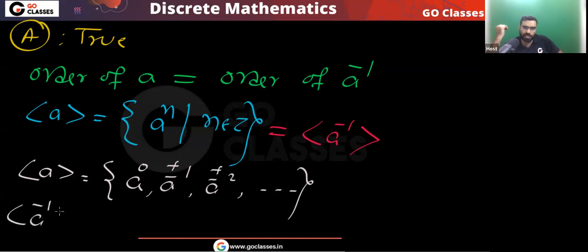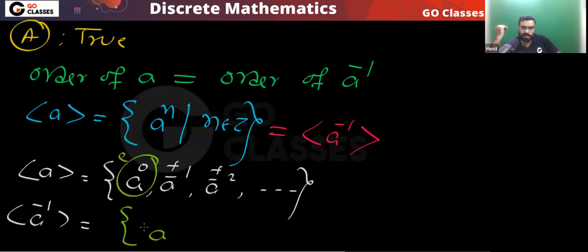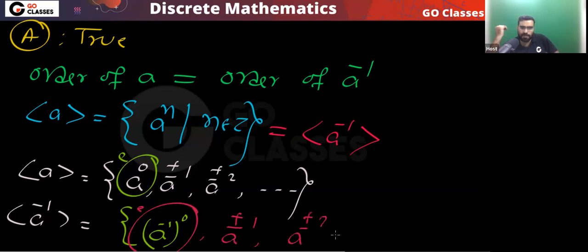Similarly, the subgroup generated by A inverse: anything power 0 will be E, so A inverse power 0 will be E. Other than that, again you will have A power plus minus 1, A power plus minus 2. So can you notice they are the same?